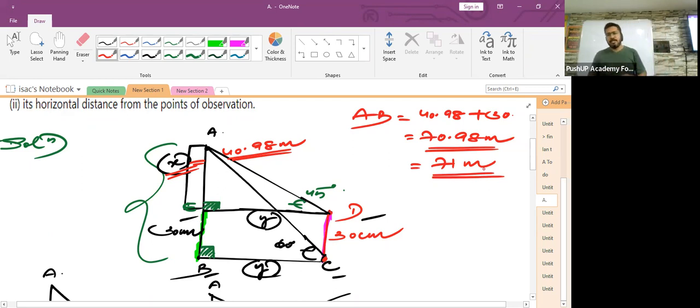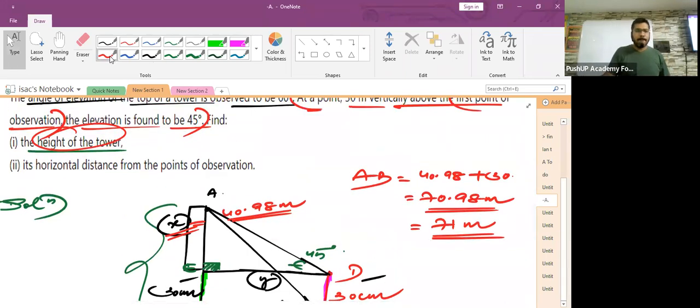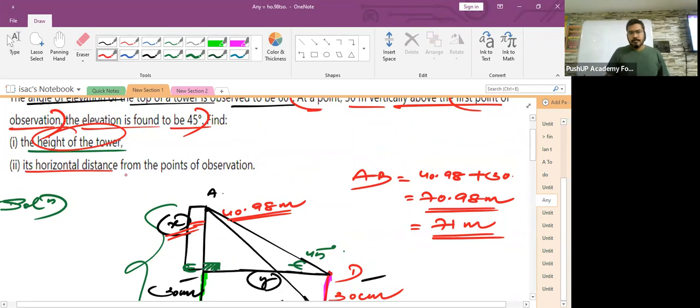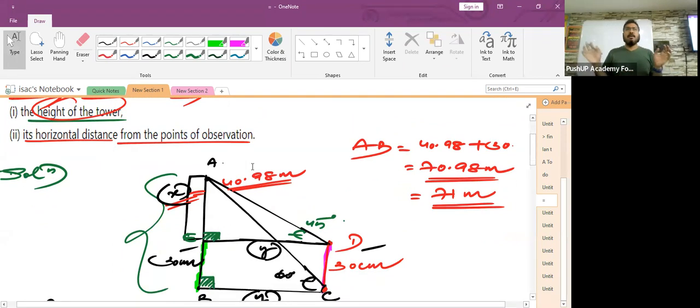Okay, fine, children. Let's do the last part. What is the time? We have 6 more minutes. Easily we can do. Let's find its horizontal distance from the points of observation. Children, let's find the horizontal distance from the points of observation.